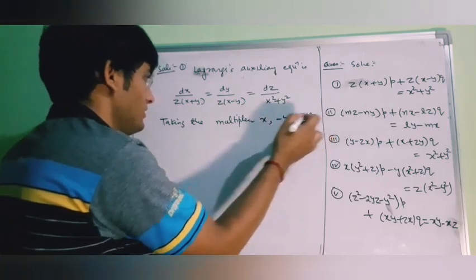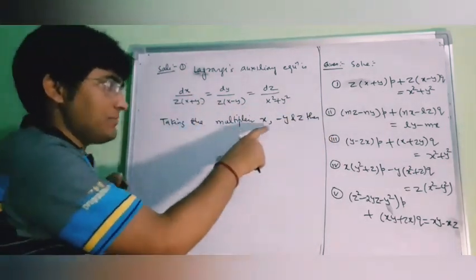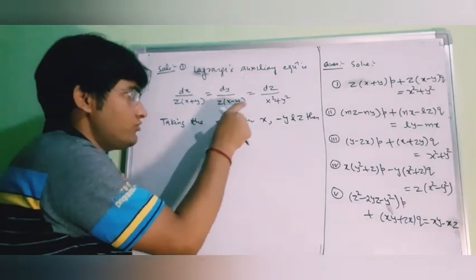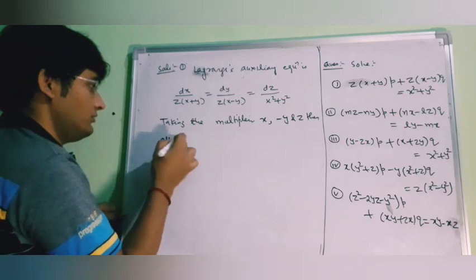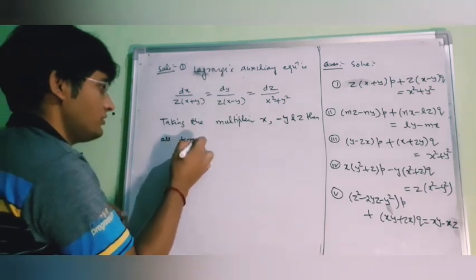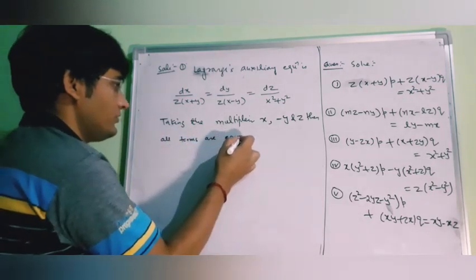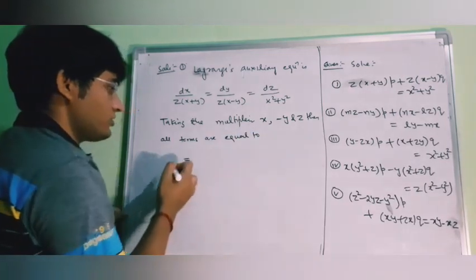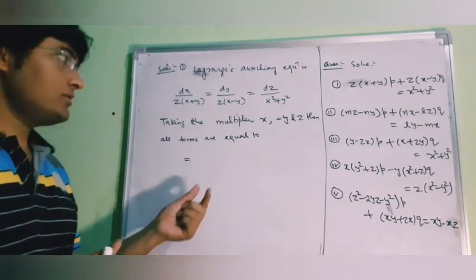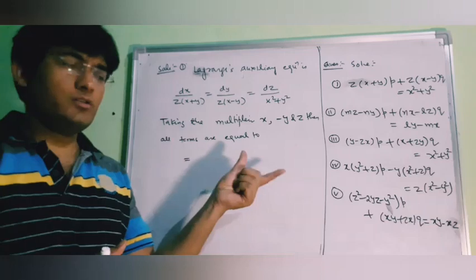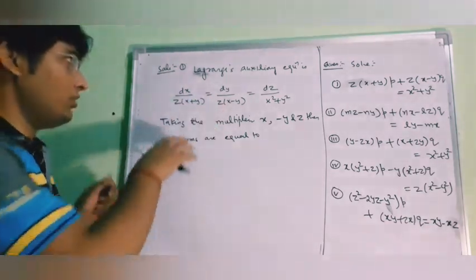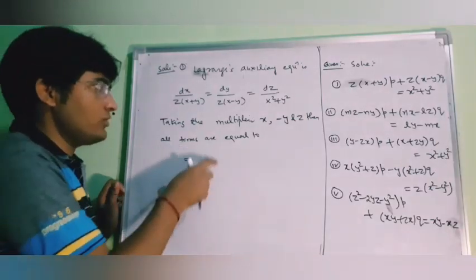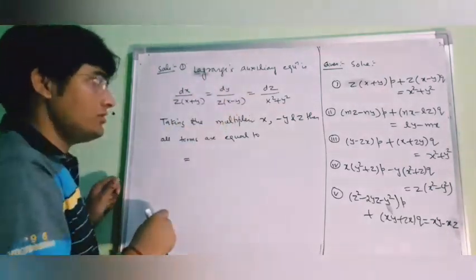Then if we take these multipliers, all these 3 terms will be equal to this term, because you know that in proportion, if you multiply numerator or denominator and then add all the terms, the ratio will be equal to all these 3 ratios.